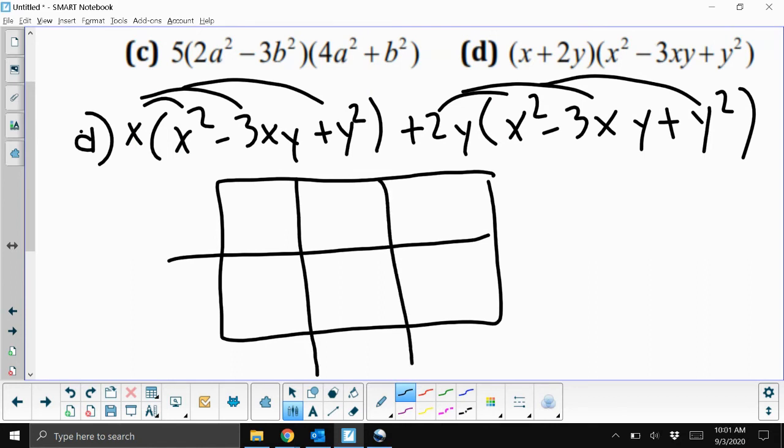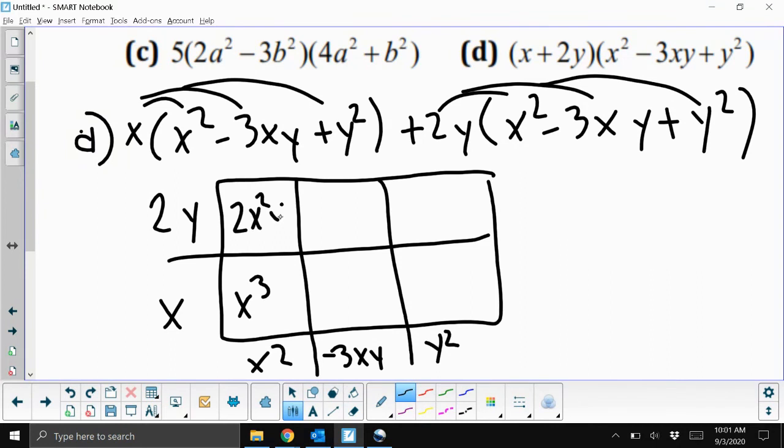All right. So notice my box is a 2 by 3 because we have a binomial, x plus 2y, and then we have a trinomial, x squared, negative 3xy, and y squared. So now let's go through and multiply. X times x squared, x cubed, right? 2y times x squared would be 2x squared y.